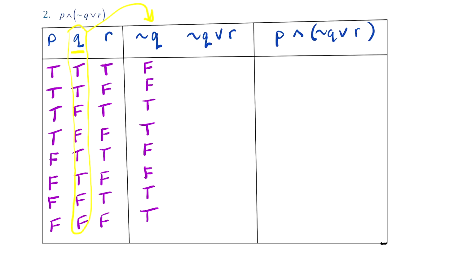So now we're going to take a look at the R and the not Q. So we're going to end up getting true statement, false statement, true, true, true, false, true, and true.